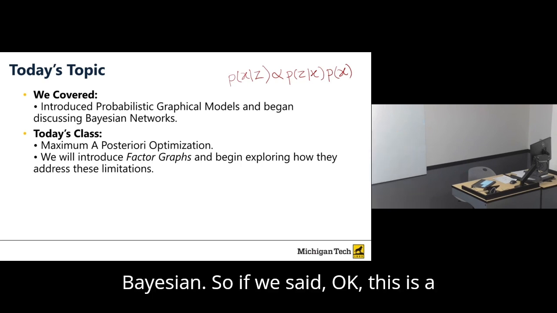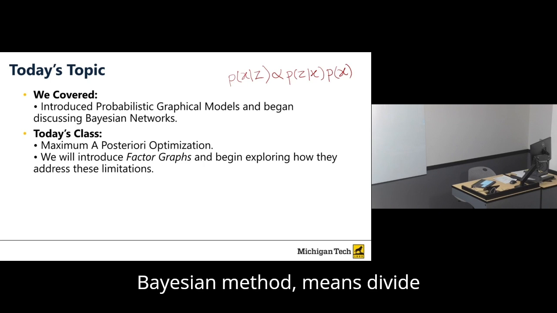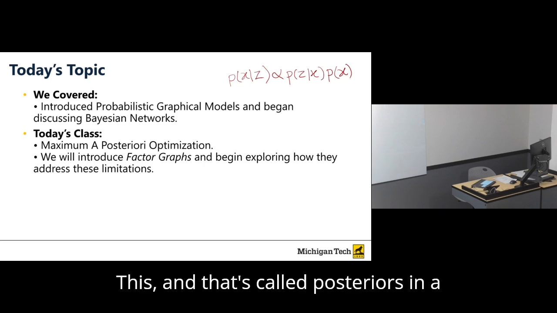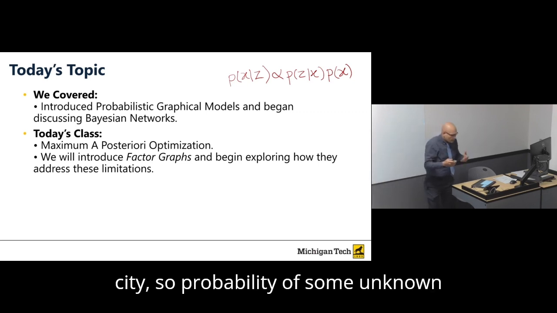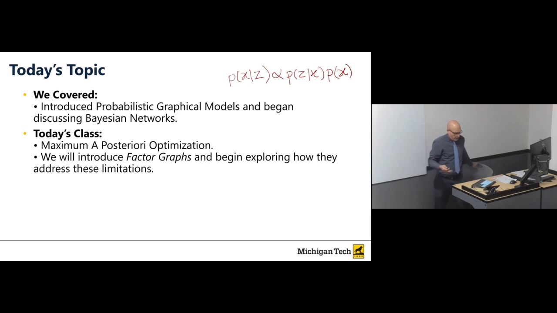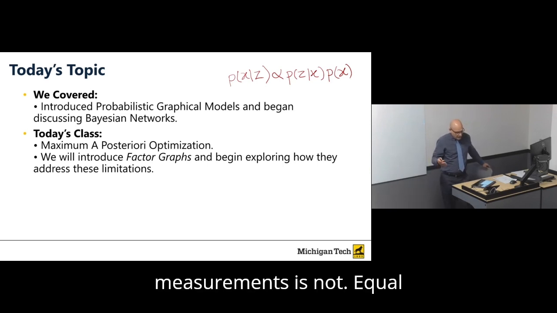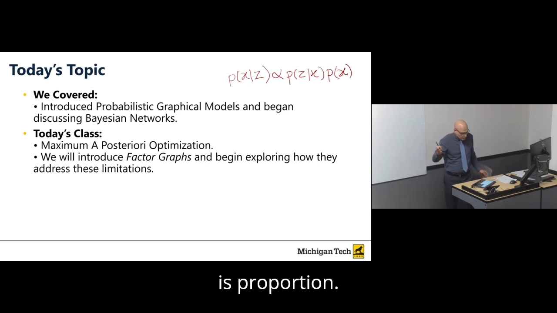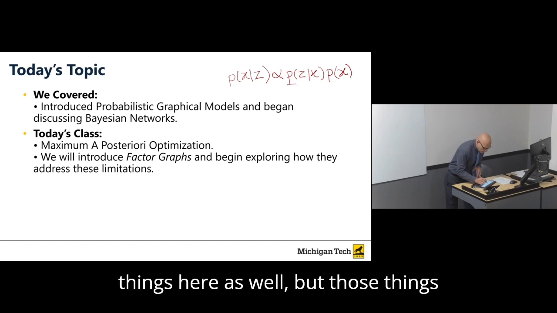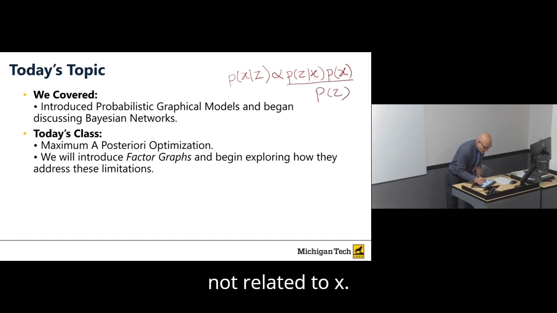So if we said, okay, this is a Bayesian method, divide by this, and that is called the posterior density. So the probability of some unknown given some measurements is not equal, it is proportional. Proportional means there are some other things here as well, but those things are not related to x.